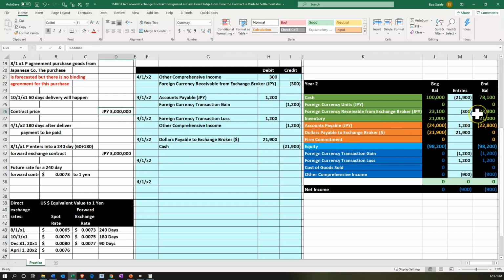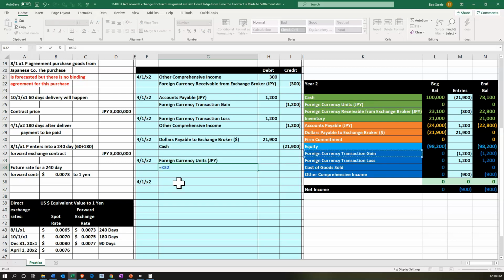So this 22.8 we're going to get now, but we're really getting yen, which we're valuing at the current spot rate to be 22.8. So we're getting like money, but not cash. We're getting what they promised to give us, foreign currency units, which you can think of just like stocks or anything else. We're going to value it in terms of dollars on our side.